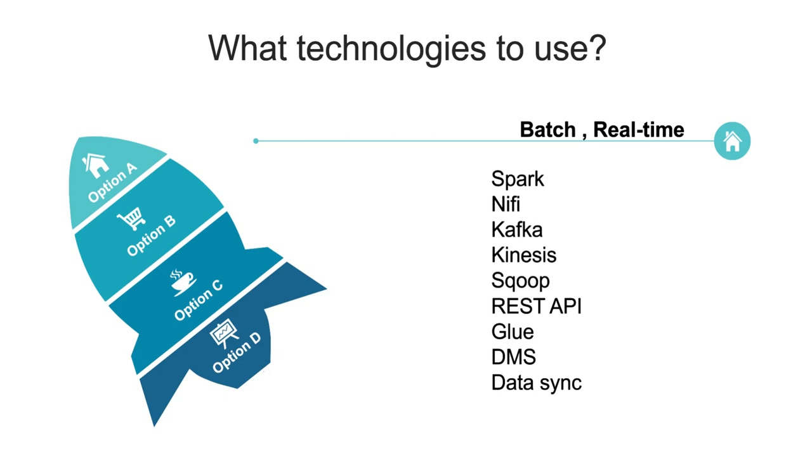Spark streaming can be used for real-time streaming. Kafka can be used for real-time streaming. Kinesis can be used. Sqoop can be used to connect to database. If my source system is RDBMS, I can use Sqoop. I can also use REST APIs. Certain applications will expose REST APIs for me to pull data. So that can be used.